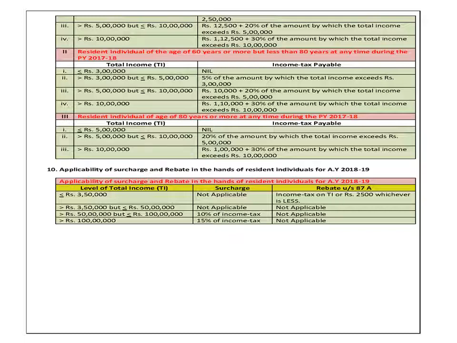If the income is more than 3 lakh but lesser than or equal to 5 lakh, then the income tax payable is 5% of the amount by which the total income exceeds 3 lakh. Now if the total income is greater than 5 lakh but lesser than or equal to 10 lakh, then income tax payable will be 10,000 plus 20% of the amount by which the total income exceeds 5 lakh.